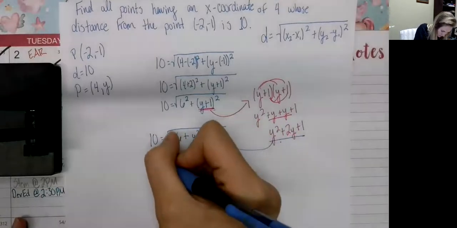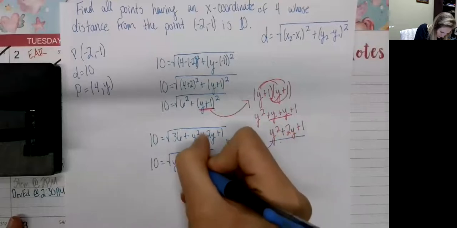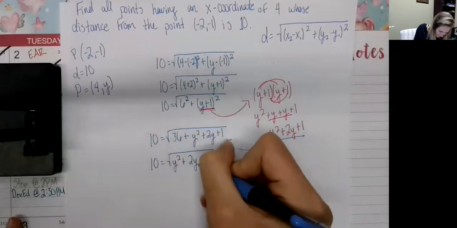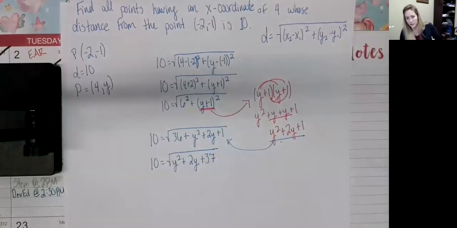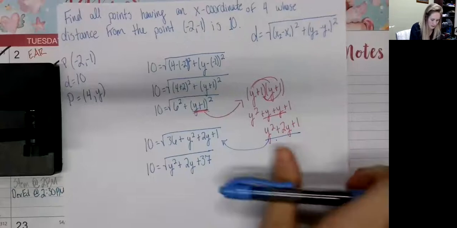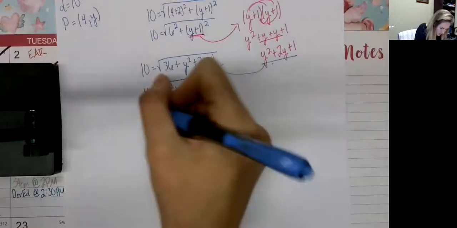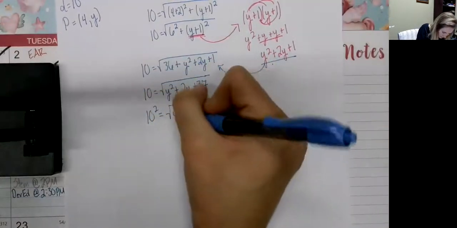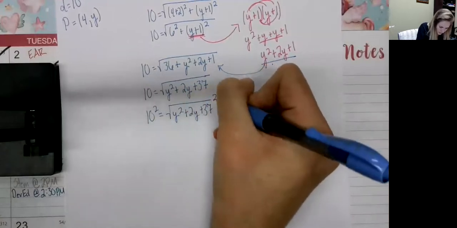So we're going to have 10 equals the square root of y squared plus 2y plus 37. Now then, from our last section's radical equations, the only way to get that radical off of this would be to square both sides. So I'm going to have 10 squared equals the square root of y squared plus 2y plus 37 squared.